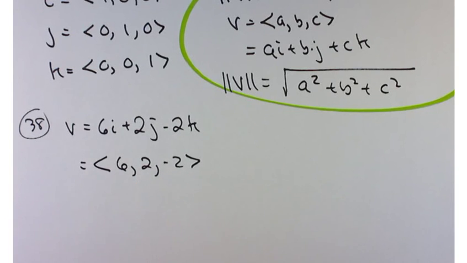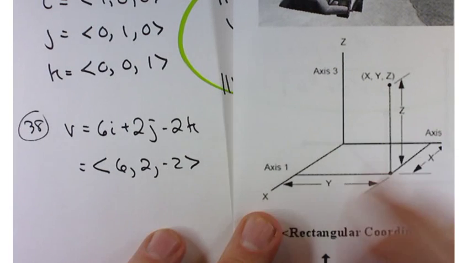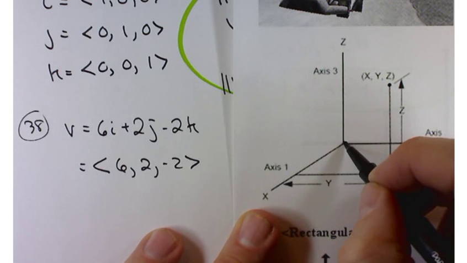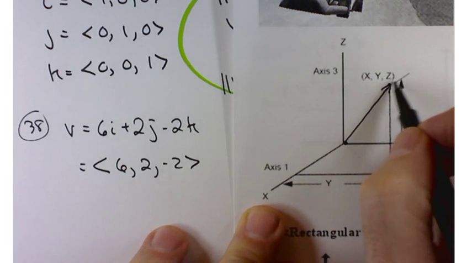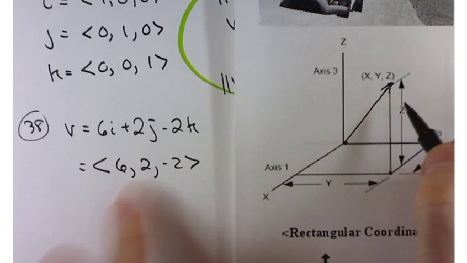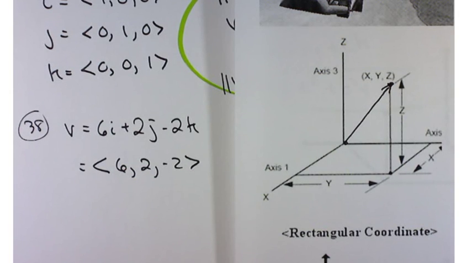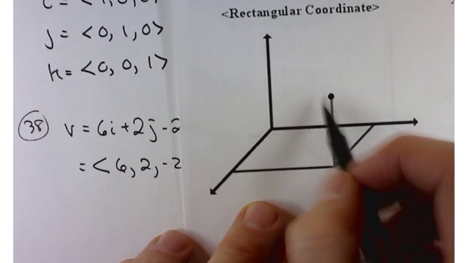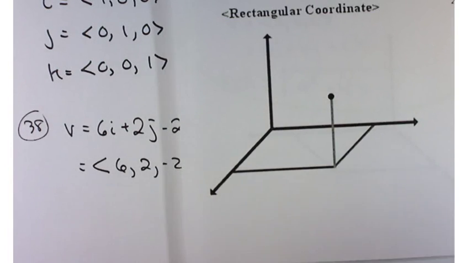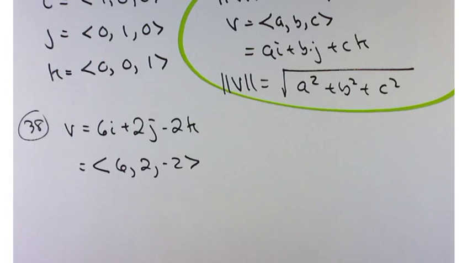So you'd be starting out at the origin and draw a line that points at that particular terminal point right here. That's what your vector represents. It's not just the coordinate sitting by itself up in 3 space someplace. It's actually a line to that point.